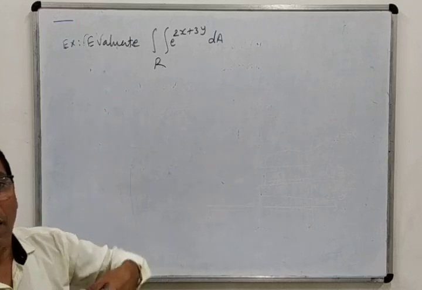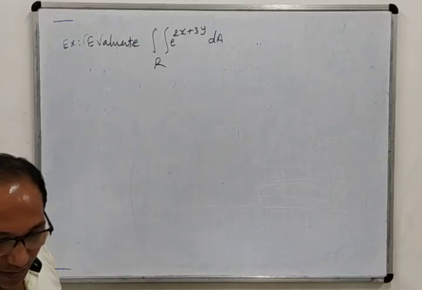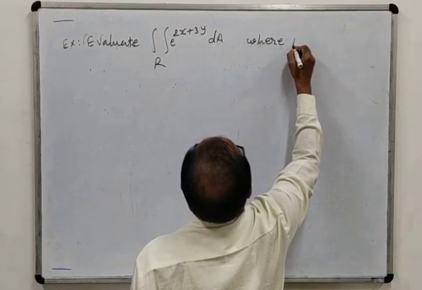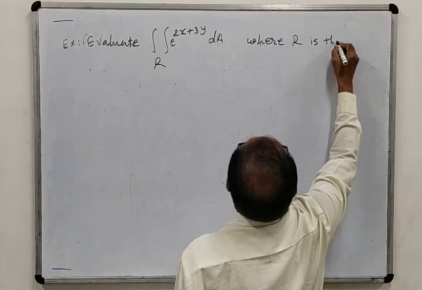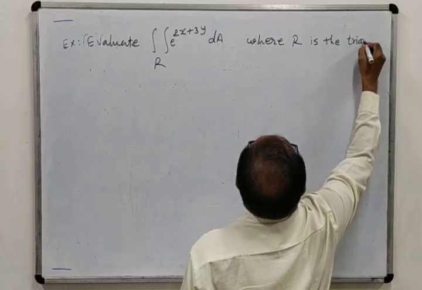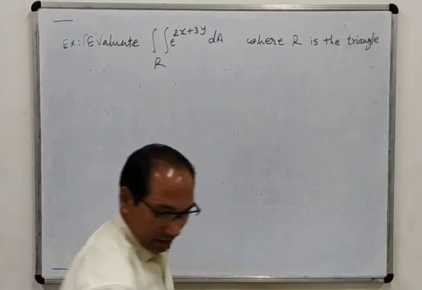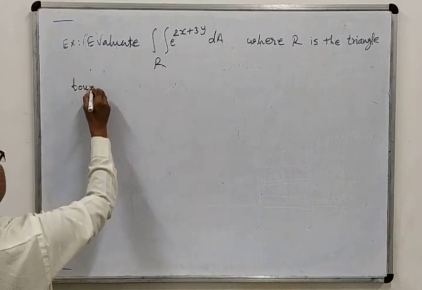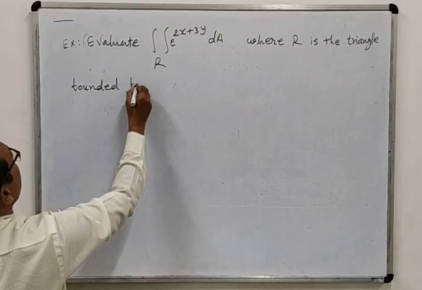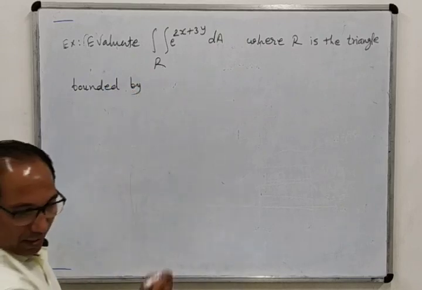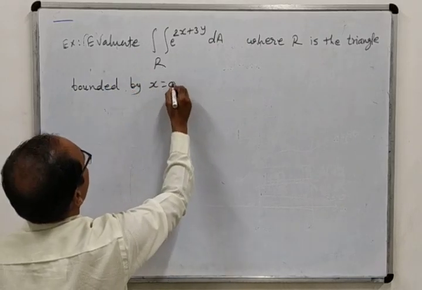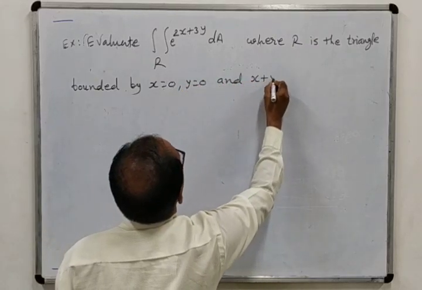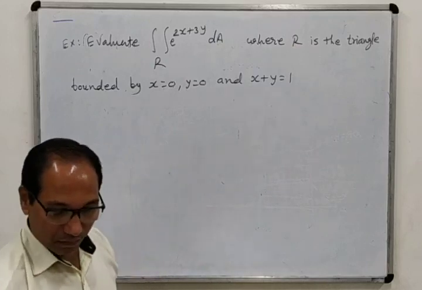That means with respect to which variable we want to integrate first, where R is the triangle bounded by x equal to 0, y equal to 0, and x plus y equal to 1.